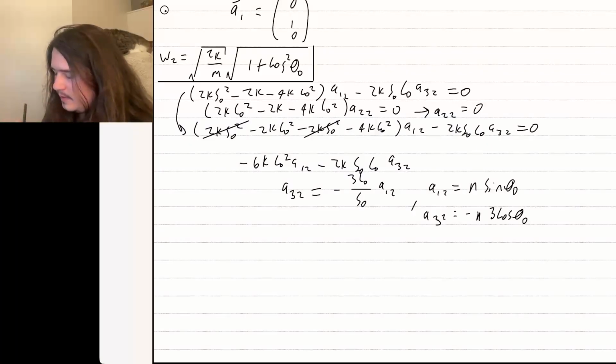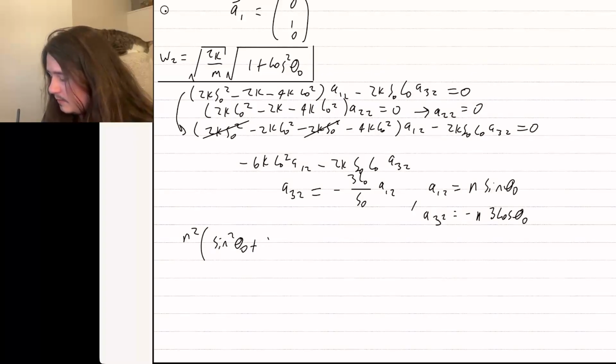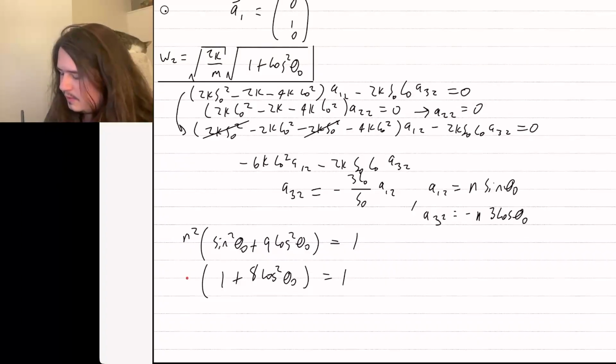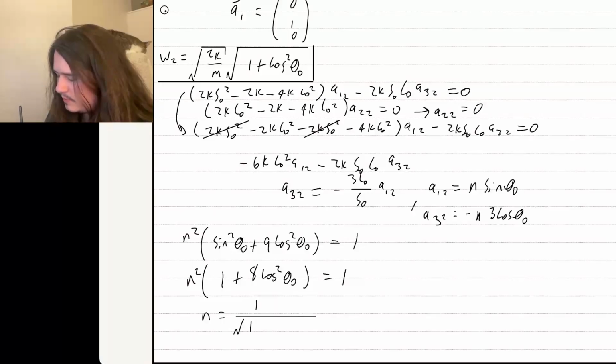So n squared times sine squared theta naught plus 9 cosine squared theta naught happens to be equal to 1. So in other words, 1 plus 8 cosine squared theta naught is that. So yeah, let's just call n 1 over the square root of 1 plus 8 cosine squared theta naught and call it a day.